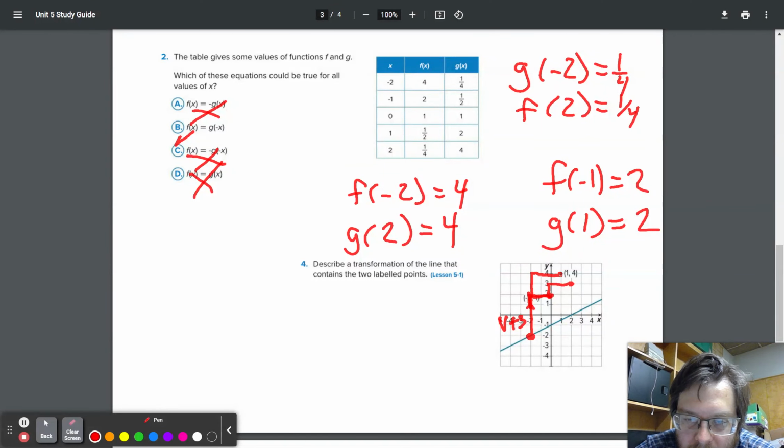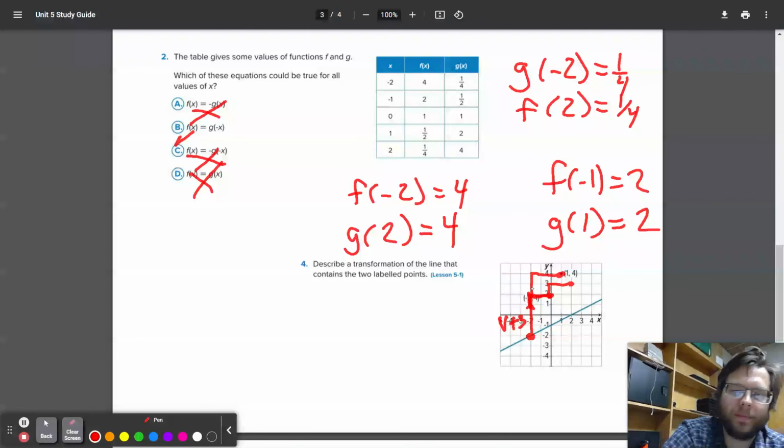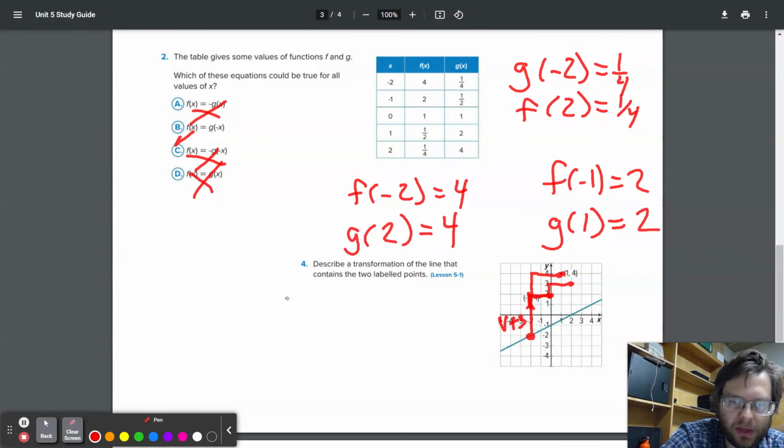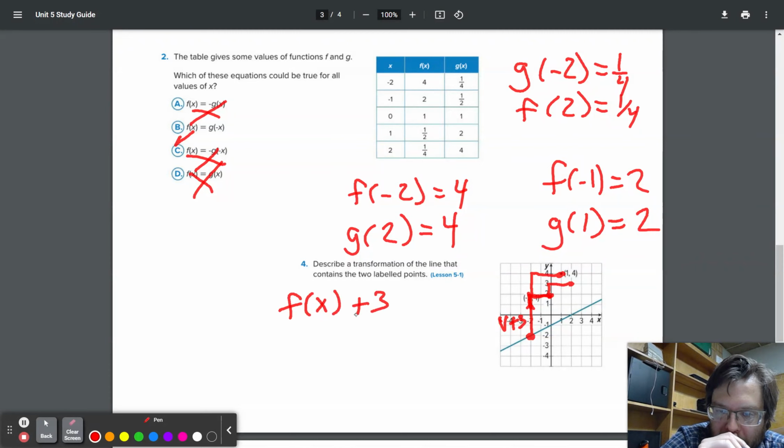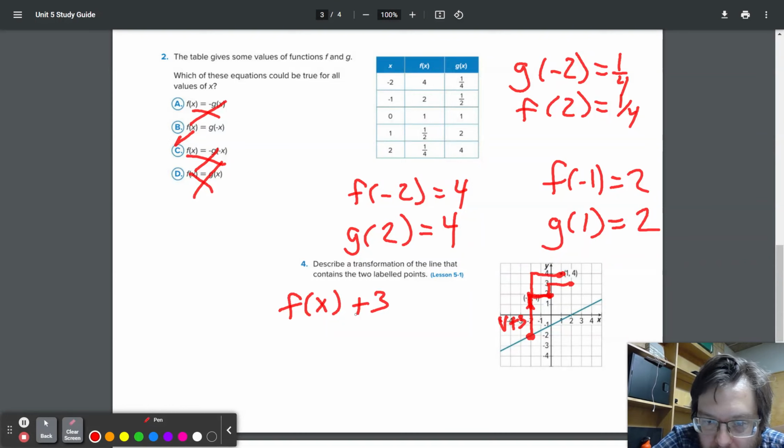Okay, so what we're going to do is take our old function. So let's say f of x is the old function. We're going to take f of x and add 3 to it, and then we're going to stretch it out. It used to go up 1 and over 2, and we want it to go up 3 and over 3.